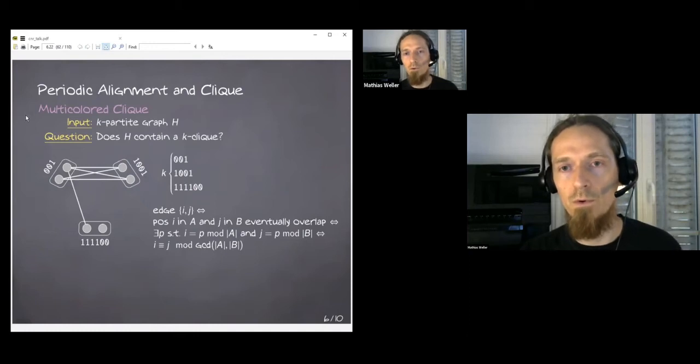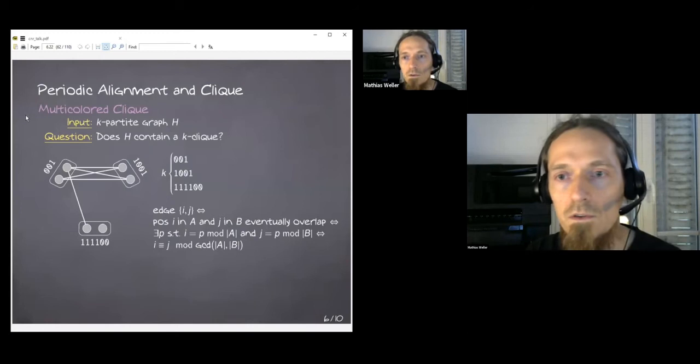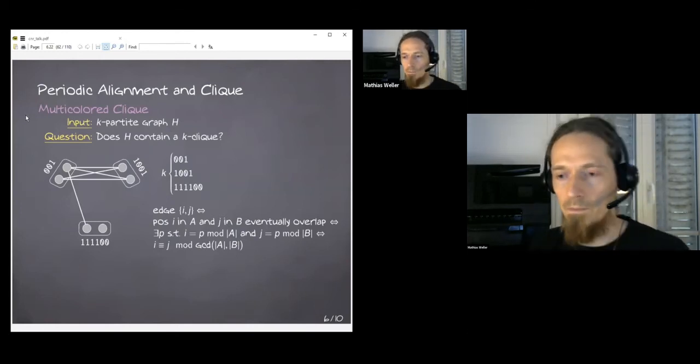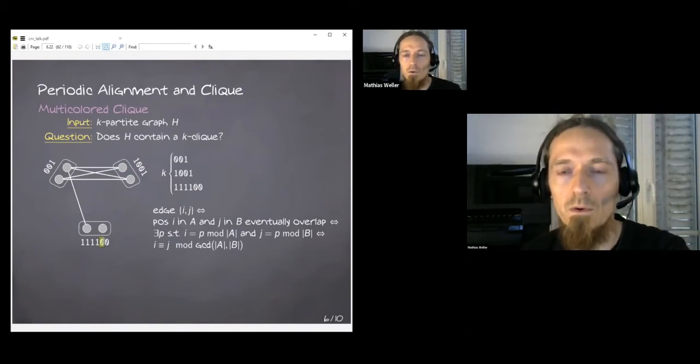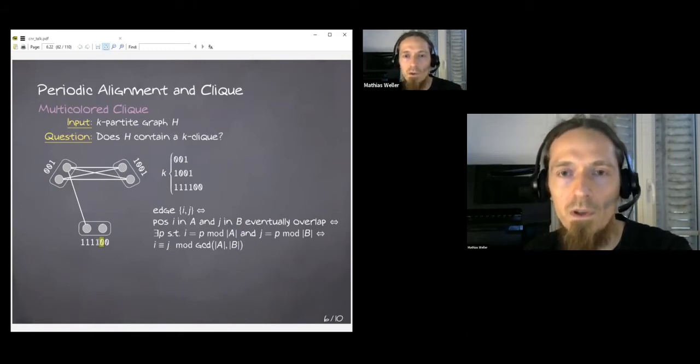However, for these 2 sequences, this is not the case because the GCD of 3 and 6 is 3. So the first 0 here leaves the remainder 1, I think, modulo 3.